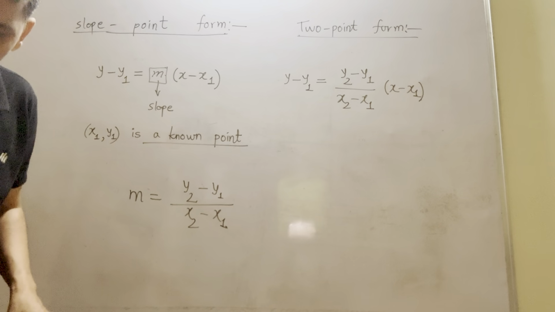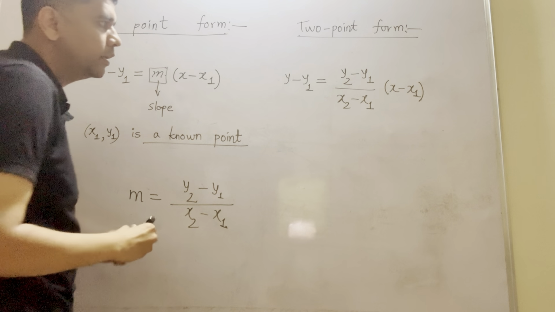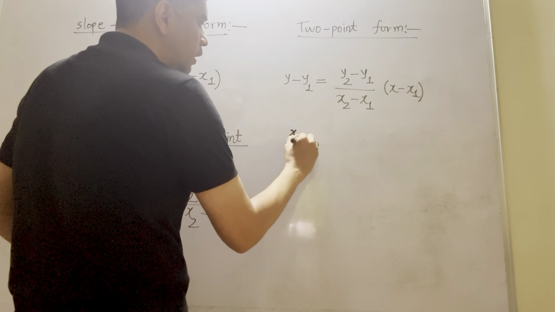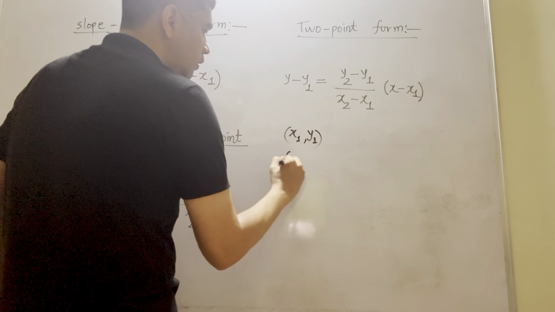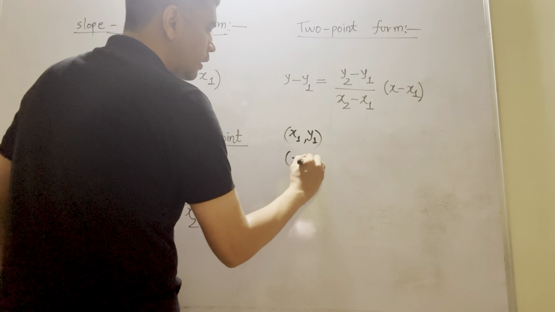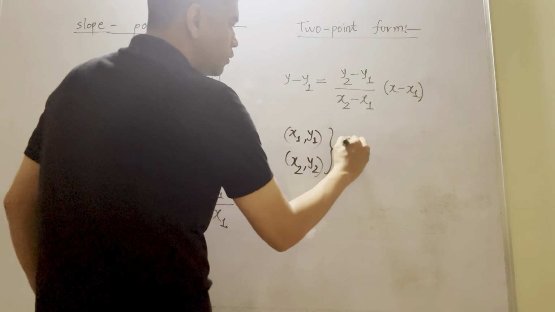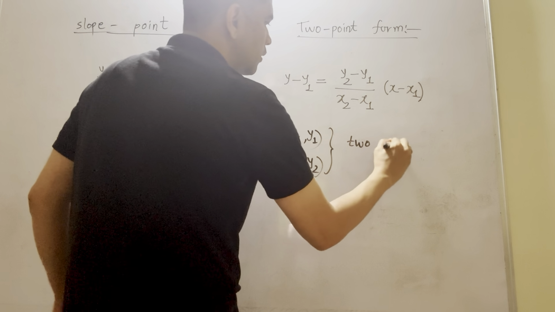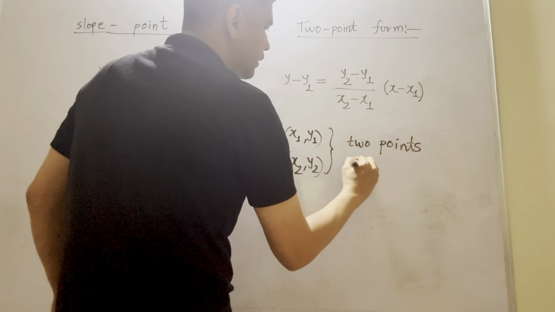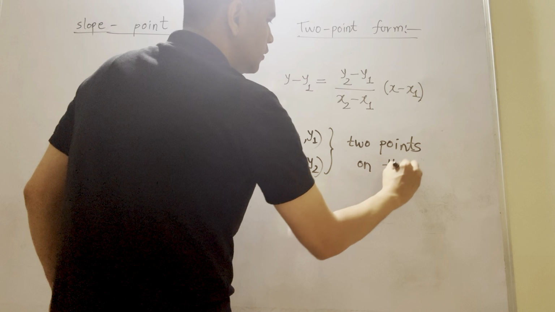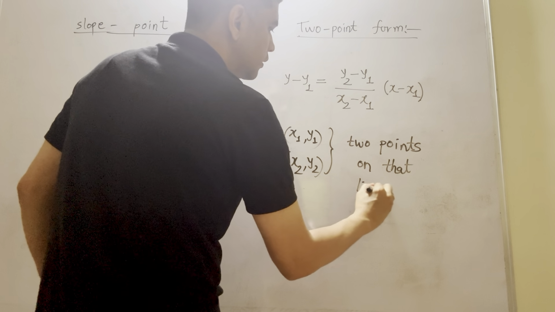Where x1, y1 and x2, y2 are 2 specific points on that line.